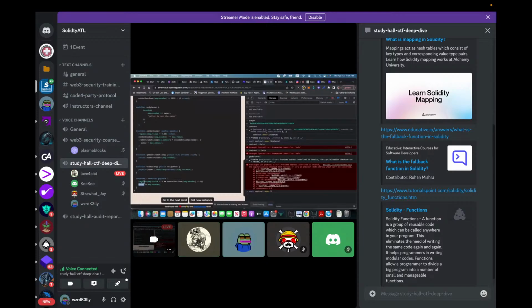So the modifier isn't necessarily the weak area. That's just a standard pattern of ensuring that whoever sends that transaction is the owner. You called it out. This receive function though is the vulnerability because it's an alternate way to become the owner of the contract.